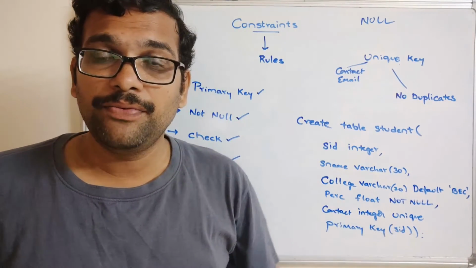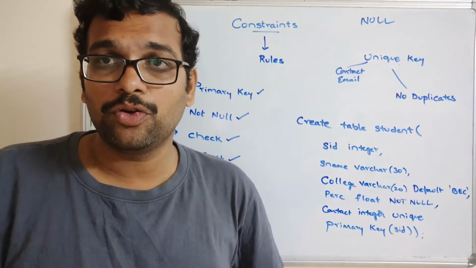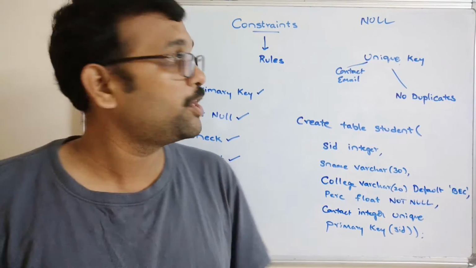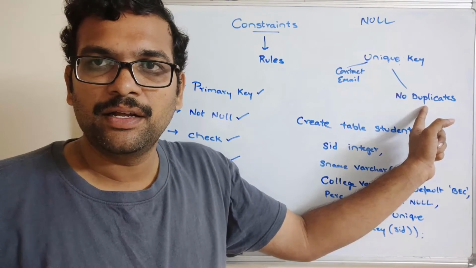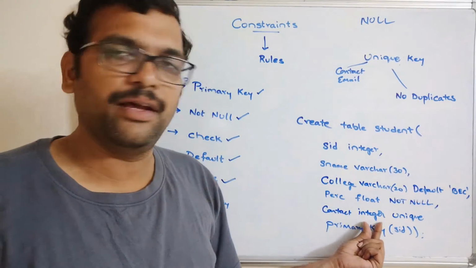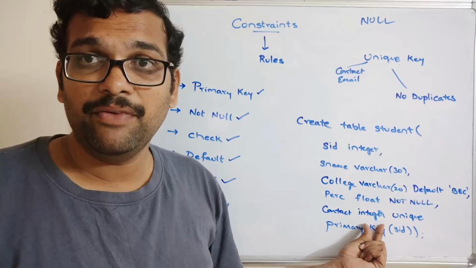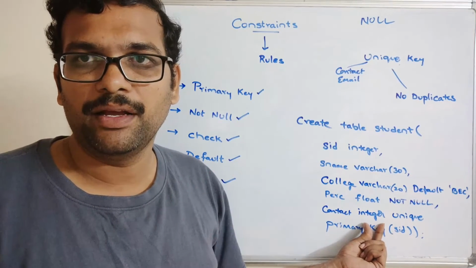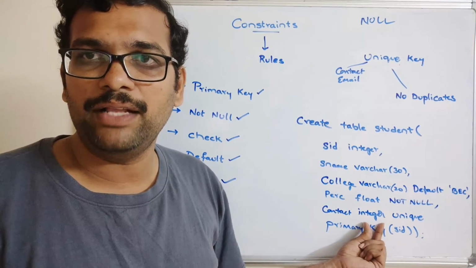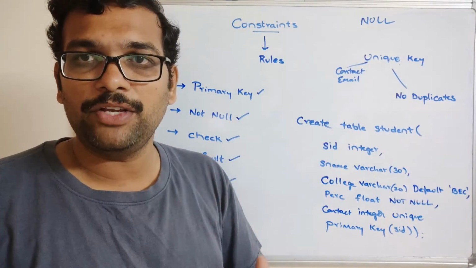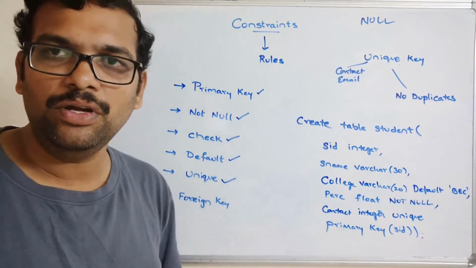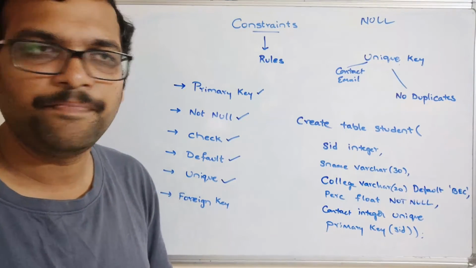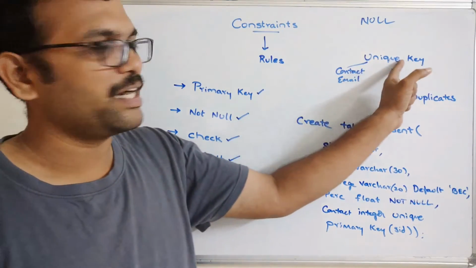If you give the same contact number for two students, it will not be accepted because it doesn't accept duplicates. But you can leave it blank here. That's the main difference between the unique key and the primary key. Primary key doesn't accept null values. Unique key can accept null values, but it doesn't support duplicates. Primary key also doesn't support duplicates. So that is the unique constraint.